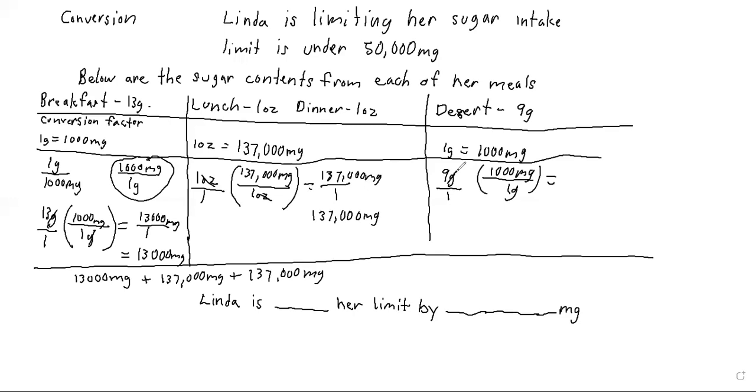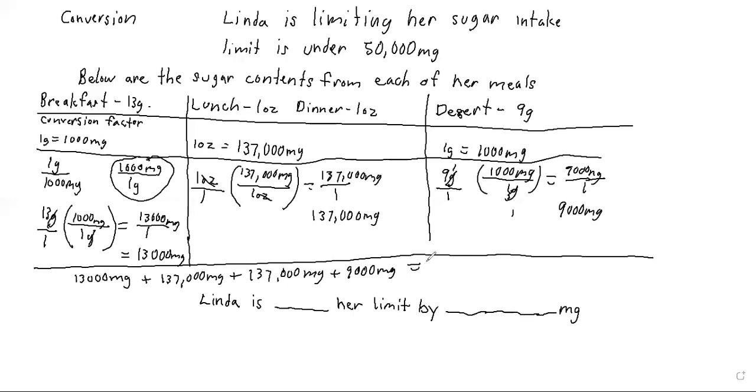So this gram cancels out with that gram in the bottom. Now we multiply straight across. So 9 times 1,000 milligrams is going to give us 9,000 milligrams, and 1 times 1 gives us 1. Anything over 1 is itself, so this is simply going to be 9,000 milligrams. Okay, so we'll go ahead and add that one, 9,000 milligrams.